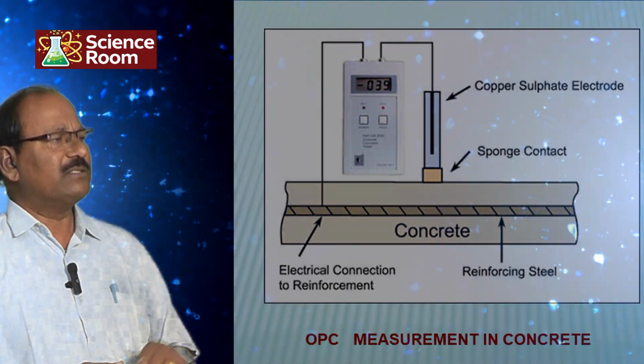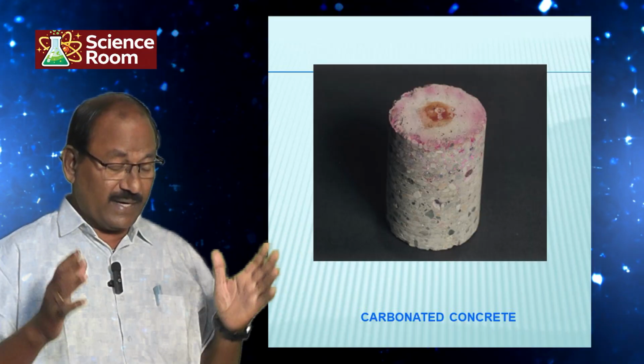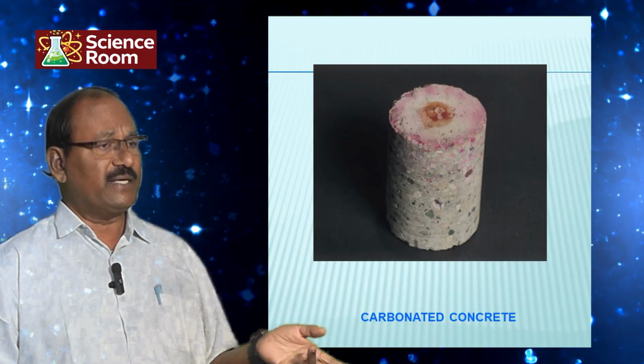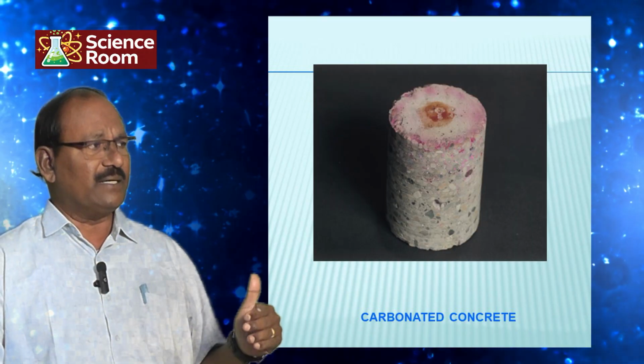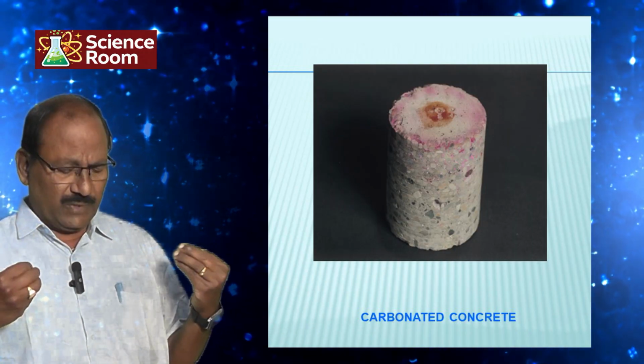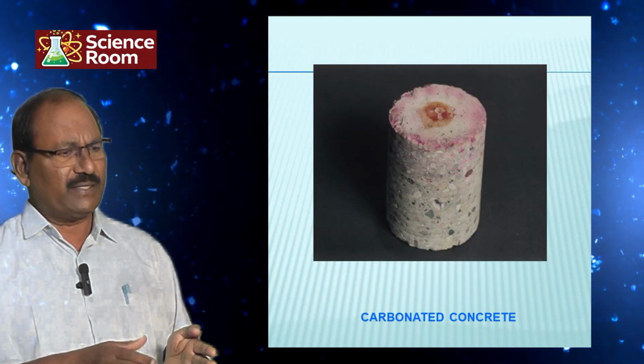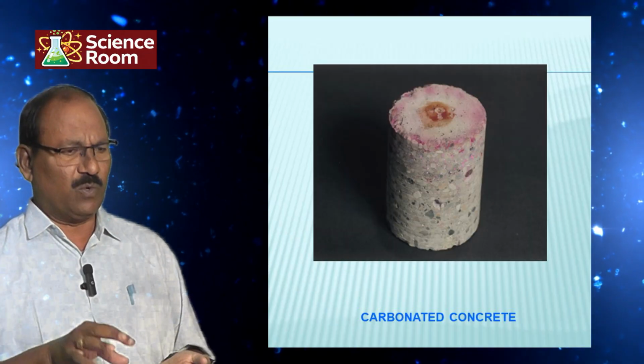See, so far what we have seen is how chloride affects the structural components. And the second thing is that carbon dioxide is another culprit. What happens? Within the pores of the concrete, calcium hydroxide is abundant.